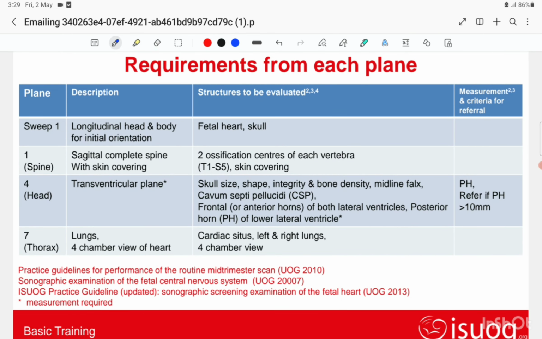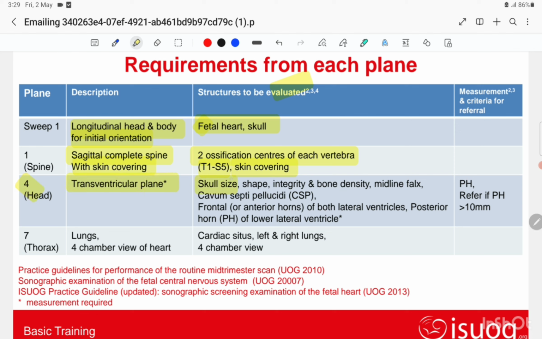So sweep 1, as I told, is the longitudinal view of the body for initial orientation. You have to see the fetal heart and skull, and the sagittal complete spine with skin covering. In plane 1, the structures to be evaluated are the 2 ossification centers of each vertebra, T1 to S5, and the skin covering. In the second sweep, plane 4 is the transventricular plane.